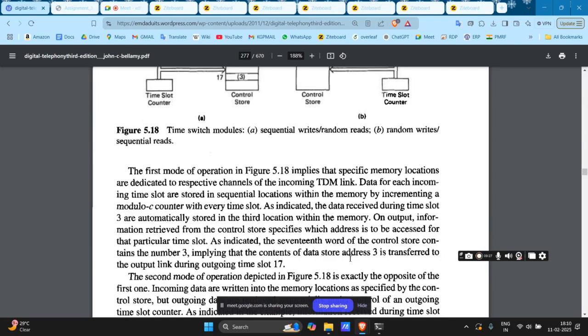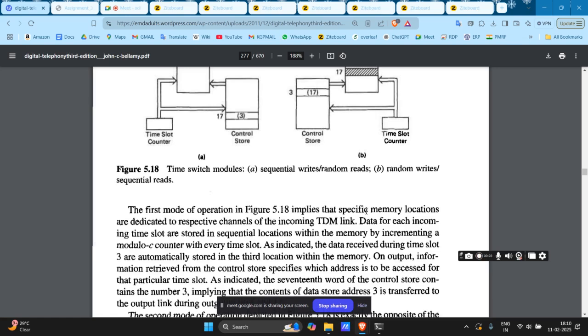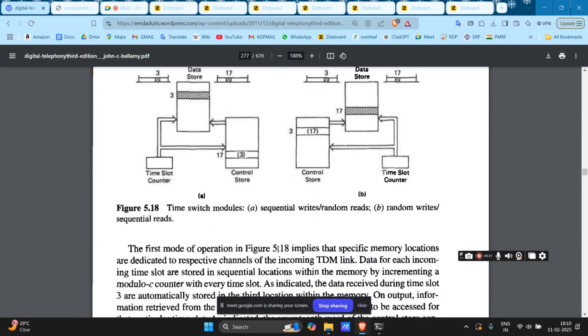In the first mode of operation, specific memory locations are dedicated to the respective channels of the incoming TDM link. Whenever data is coming, it is sequentially getting written, but it is not read sequentially, it is read randomly.